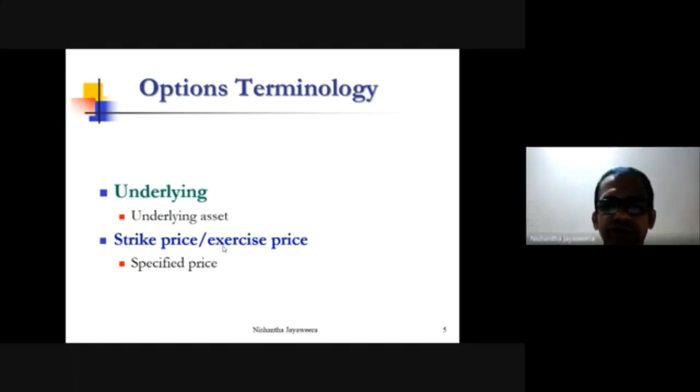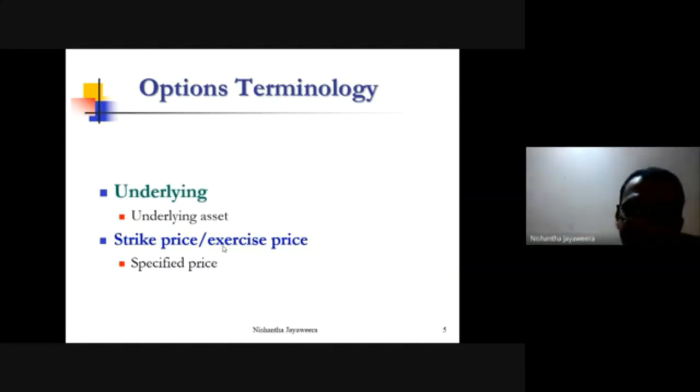Yes. To buy the option, you have to pay a price that is separate from the price for the underlying. This is the agreed price to buy the underlying, or this is the agreed price to sell the underlying. But to get that right, what you pay is different.